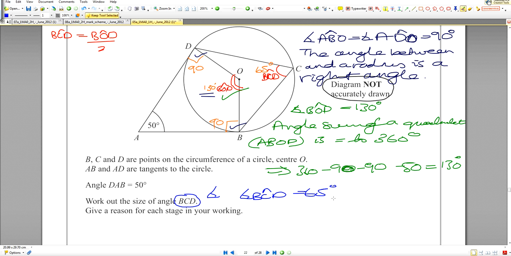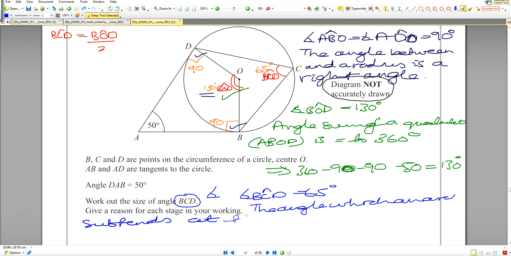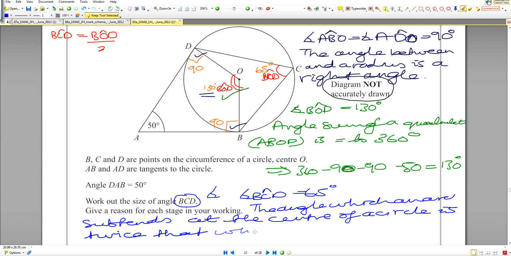Is equal to 65. Why is it equal to 65? So the answer is the angle which an arc subtends at the center of a circle is twice that which is subtended at the circumference.